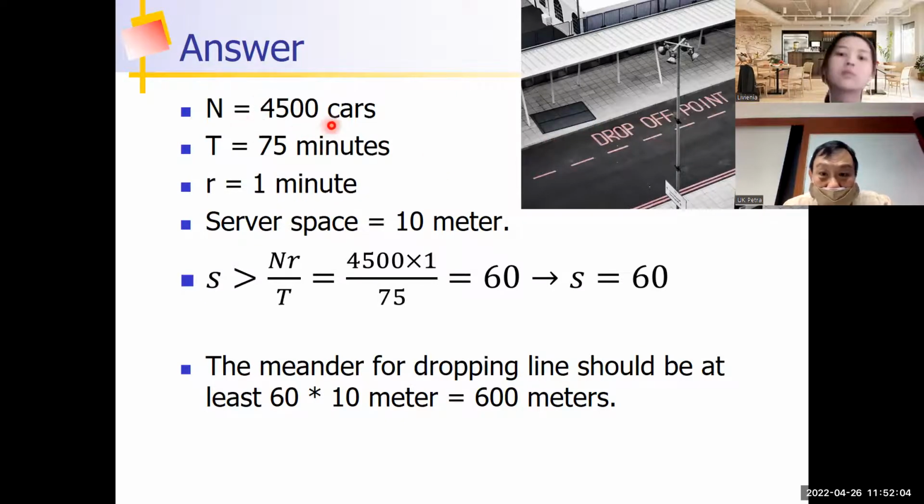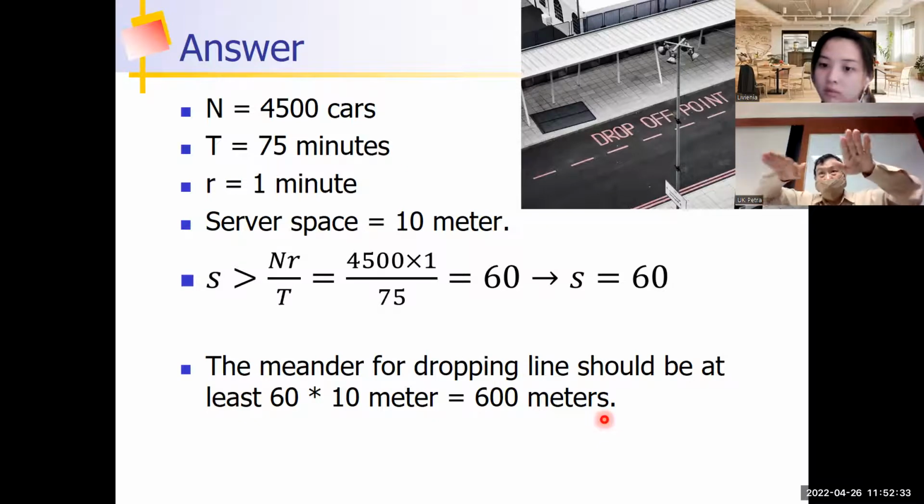So you can calculate, okay? You only need 75 minutes, right? 1 minute. So server is 10. So S is actually 4,500 times 1 divided by 75, that is 60. Okay? So 60 servers are needed, right? For that demand. That means one server is 10 meters, so you have a 600 meter length.